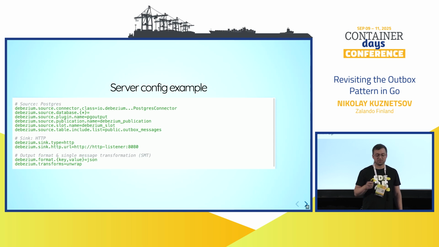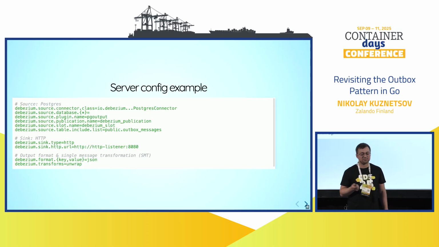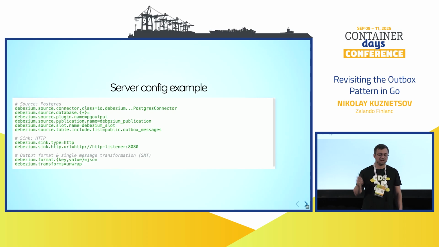In this case, it's Postgres. You need to provide database credentials. You need to configure the publication name and replication slot name. I'll explain those later. And then you say which table it should get the data from. And here, for simplicity, I configured an HTTP sink, not Kafka, but just sending data to an HTTP endpoint.